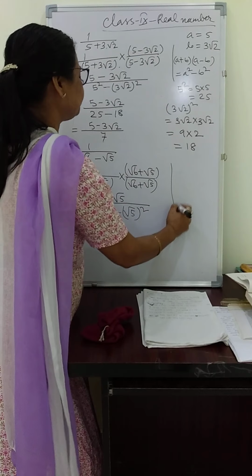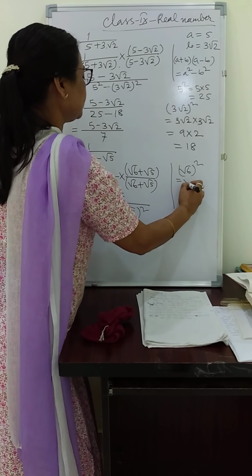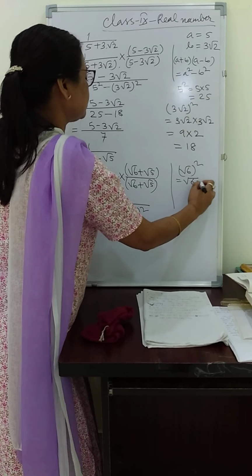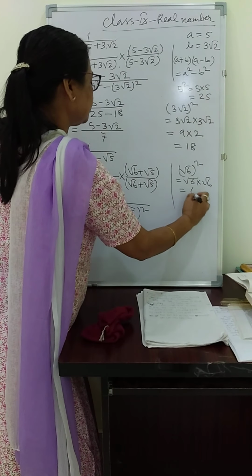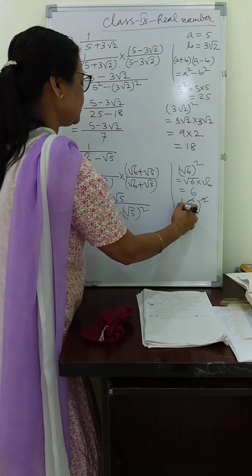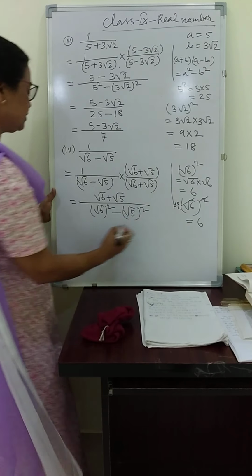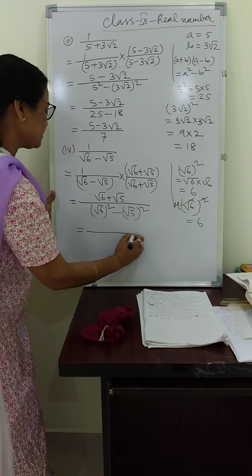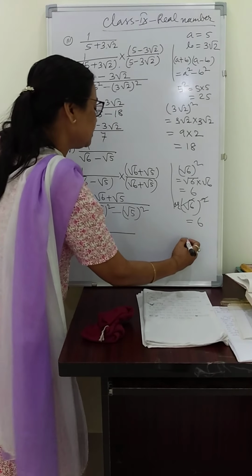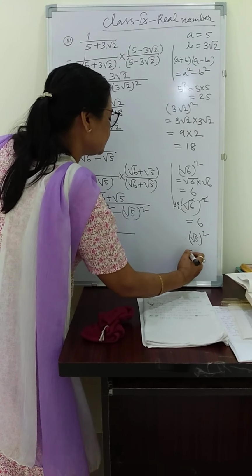So here root over 6 square means what? We may do it like this also, then we get 6. Or sometimes some people do it like this also, the square and the root sign cancel. 6, whatever you like, you can do. So that is 6. Then similarly root over 5 whole square becomes 5.